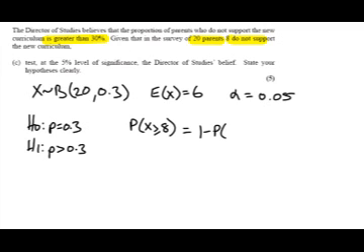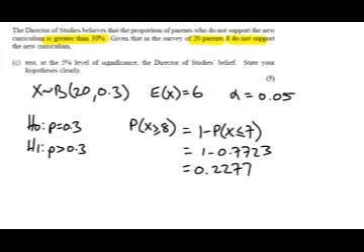Okay, if I want to make use of the tables, I need to turn this around. 1 minus the probability that X is less than or equal to 7. 1 minus 0.7723, and final answer 0.2277. How does that compare to the significance level? 0.2277 is larger than the significance level, quite a bit larger.